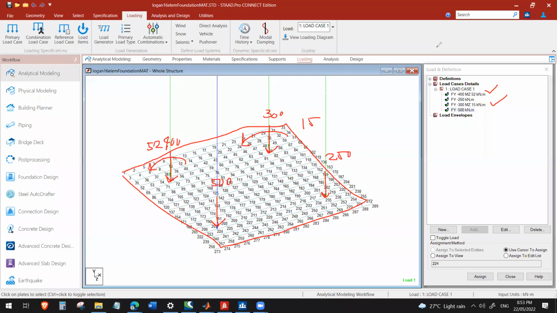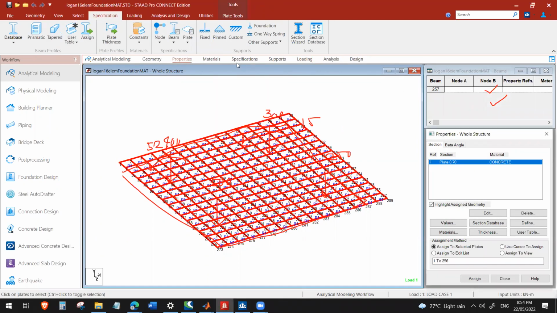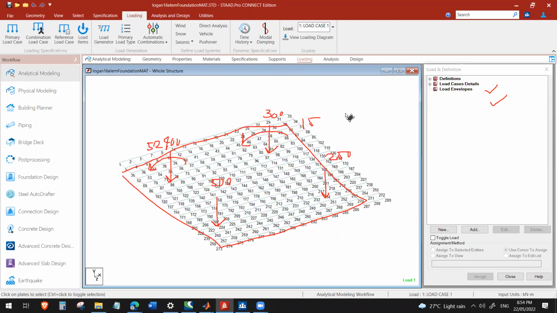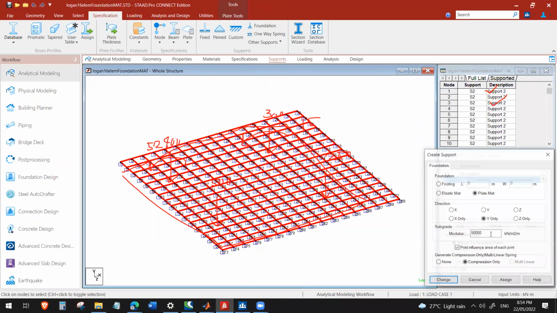Now the rest is the same. The properties are the same, 700, except that there's a new loading. And by the way, the supports are still the same. I assumed a subgrade modulus of 50,000 kilonewton per cubic meter.